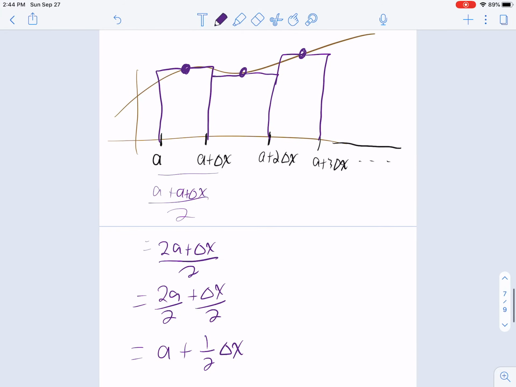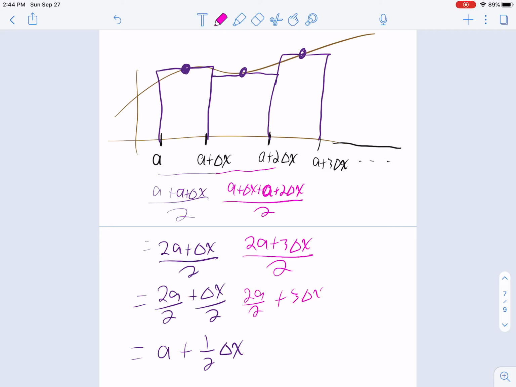If I do the next one, I'm going to have A plus delta x plus A plus 2 delta x over 2, which is 2A plus 3 delta x over 2, which is 2A over 2 plus 3 delta x over 2, which is equal to, finally, A plus 3 over 2 delta x.